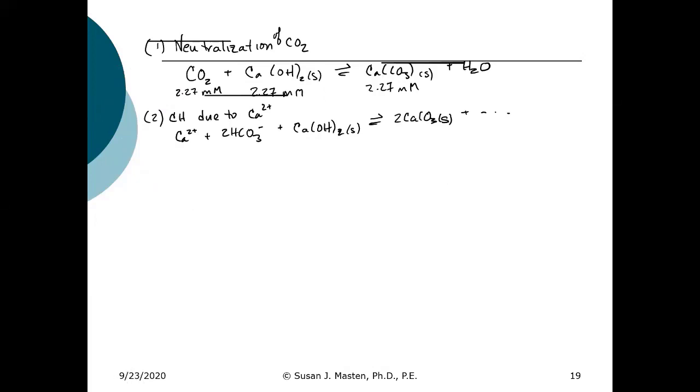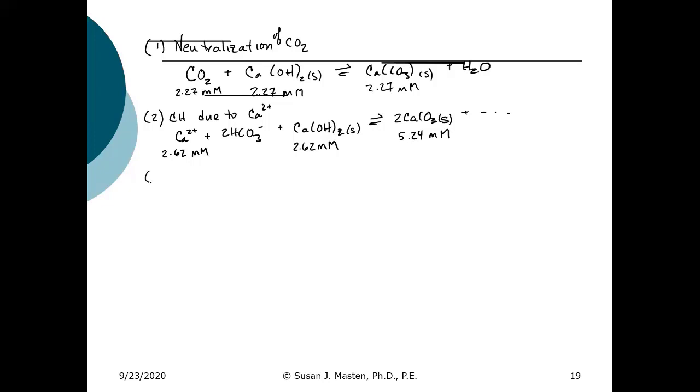On a molar basis, it is 2.62 millimolar. So we need 2.62 millimolar, and we'll produce twice as much, 5.24 millimolar. So that's the carbonate hardness due to calcium.